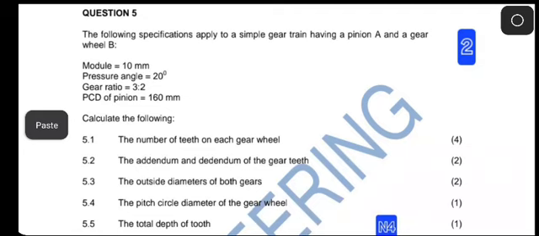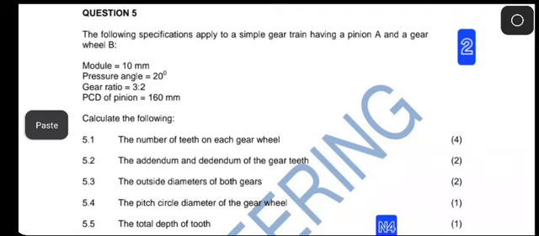The following specification applies to a simple gear train having a pinion A and a gear B, with a modulus of 10, pressure angle 20 degrees, gear ratio 3:2, PCD of pinion 160 millimeters. Calculate the following: 5.1, the number of teeth on each gear wheel.